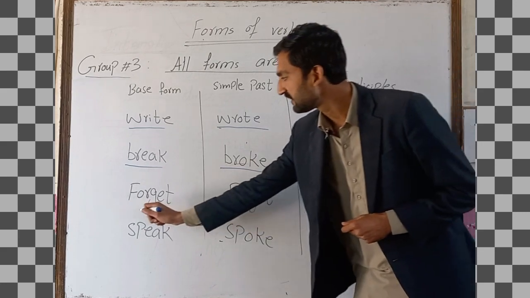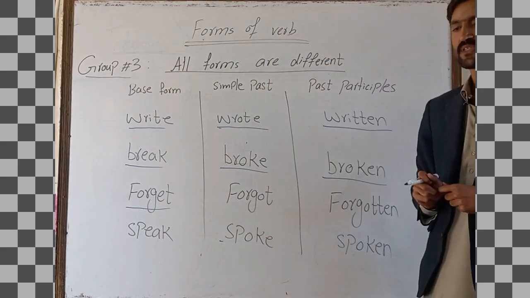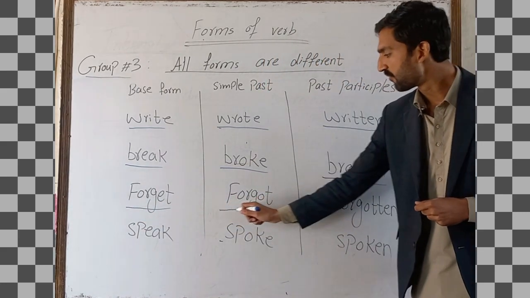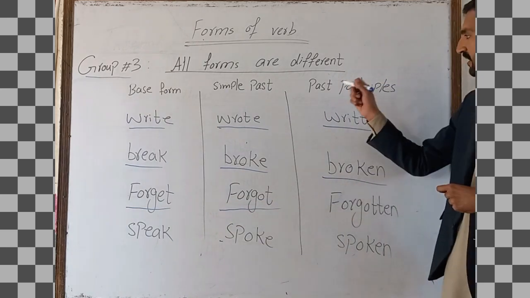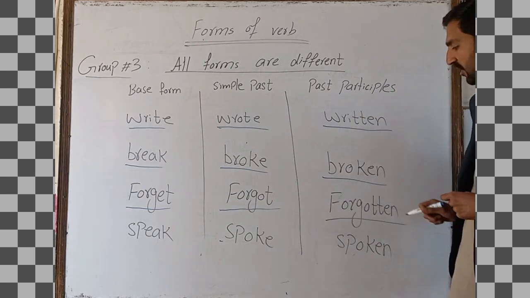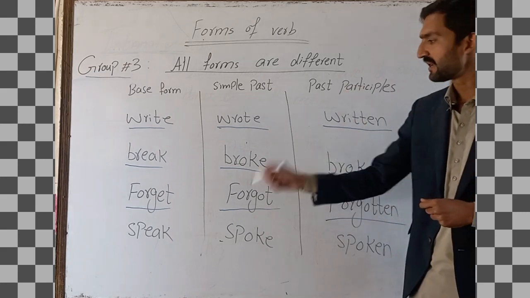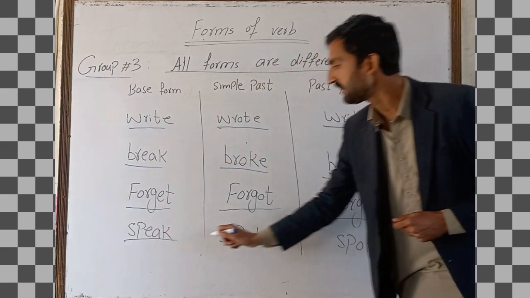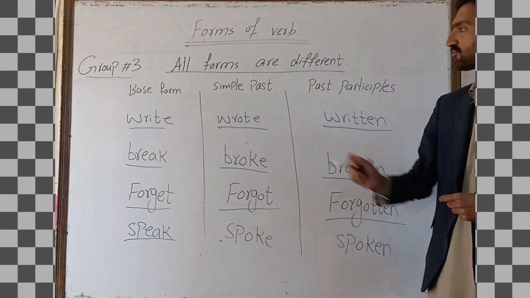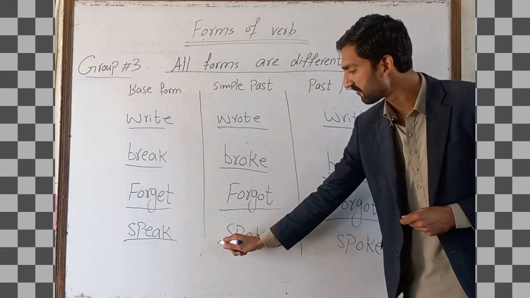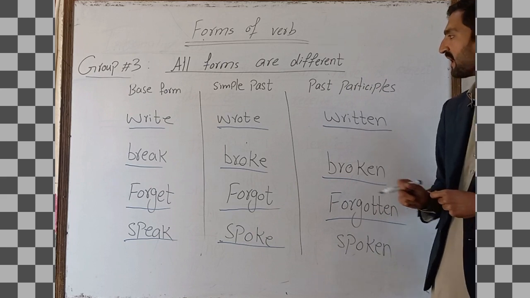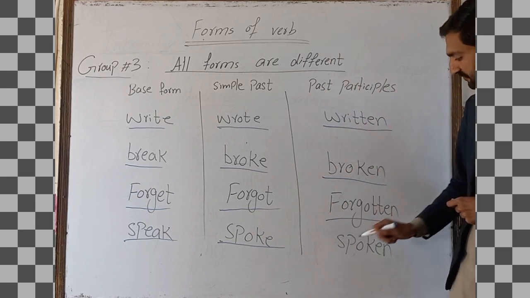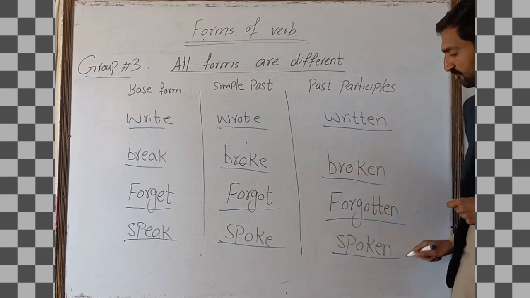Next we see the example forget. Next we have forgot, and in past participle we see forgotten. Then the last example we see is speak. In simple past, speak converts into spoke, and in past participle it converts into spoken.